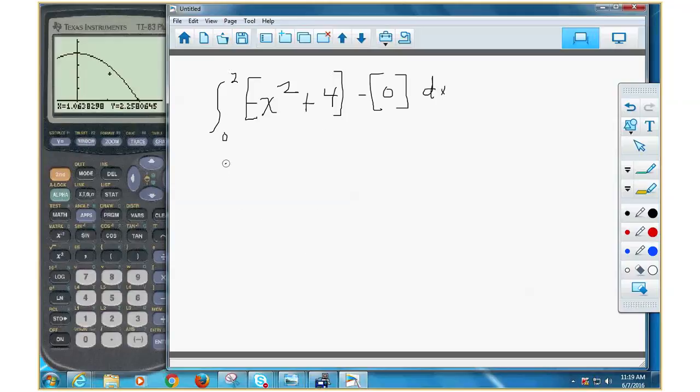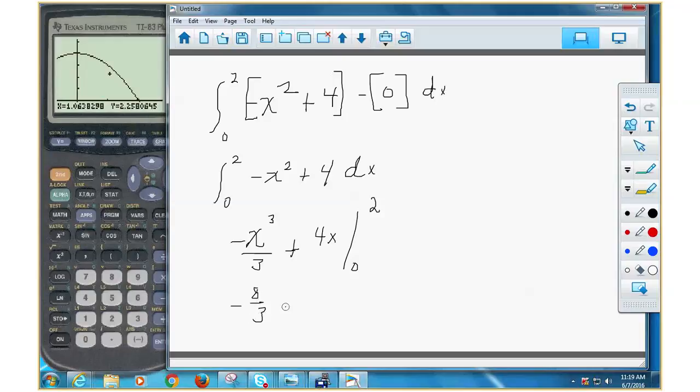And that's going to give you the antiderivative from 0 to 2 of negative x squared plus 4 dx. And that's going to give you negative x to the third over 3 plus 4x evaluated at 0 and 2. And that's going to give you negative 8/3 plus what? 8 over 1.